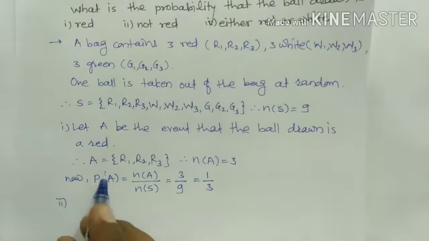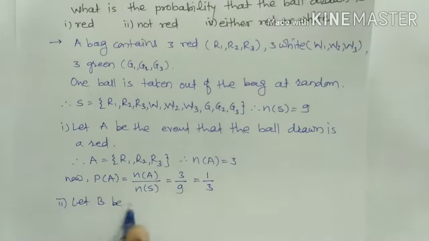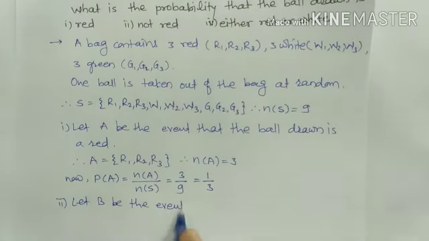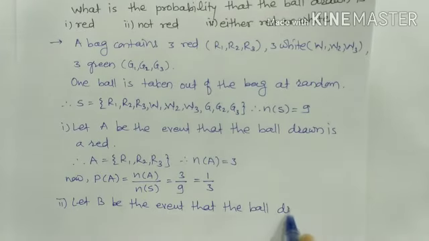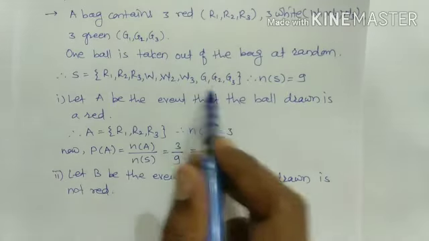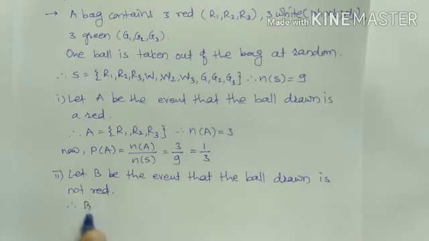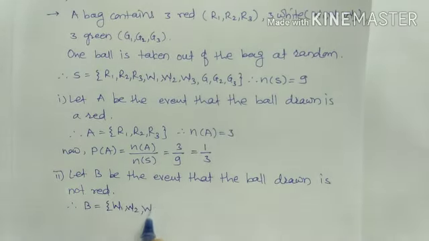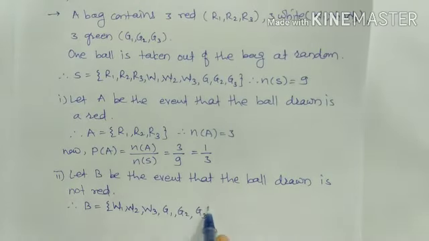Then the second event is the ball drawn is not red. See, let B be the event that the ball drawn is not red. Here not red means either it is white or green. Therefore the event B is W1, W2, W3, G1, G2 and G3.